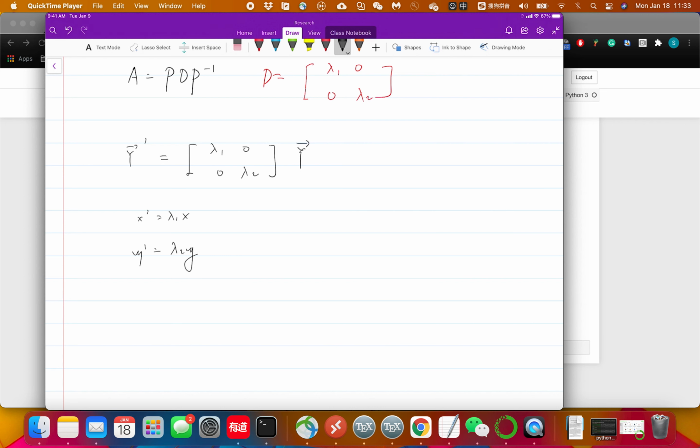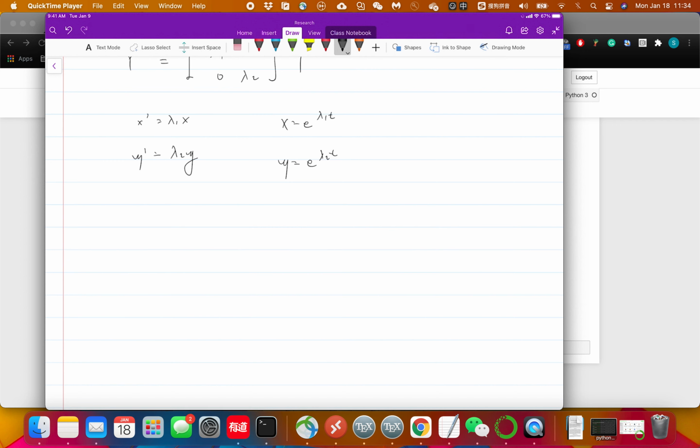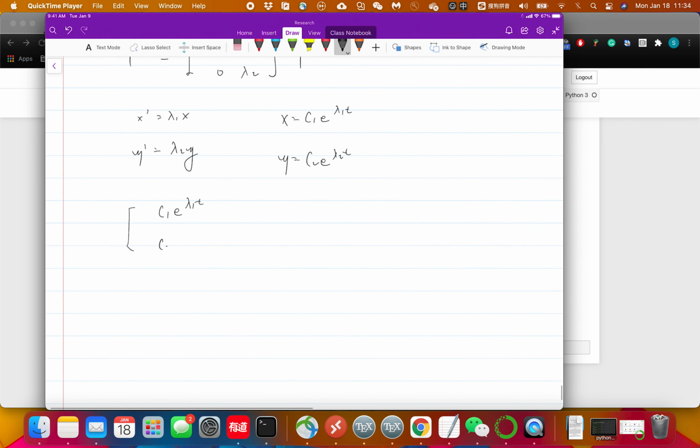Then you have x equals e to the lambda 1 t, y equals e to the lambda 2 t. So your general solution is going to be c1 e to the lambda 1 t, I should have a c1 here to be careful, and c2 e to the lambda 2 t, which gives you exactly the same thing as before.